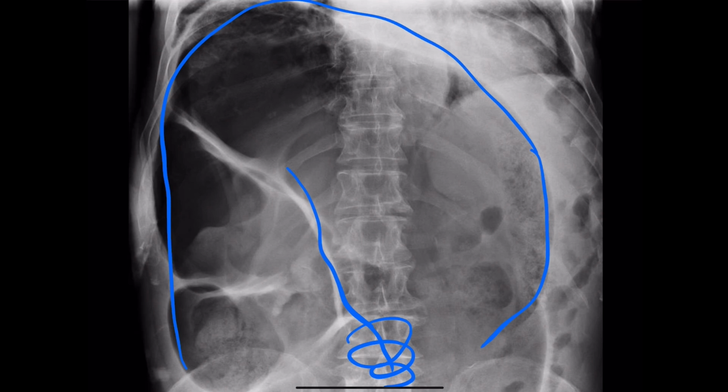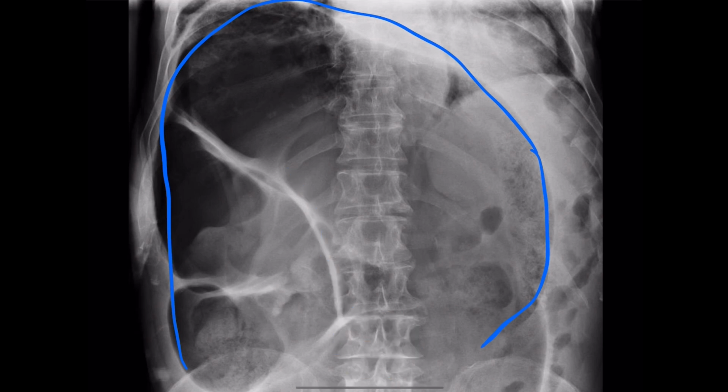The sigmoid colon has its own mesentery, and it's not fixed at the back of the abdomen like the ascending colon and the descending colon. That's from embryology, isn't it? Yeah. The sigmoid colon floats in the abdomen, and because it's not fixed, it's prone to twisting around itself.